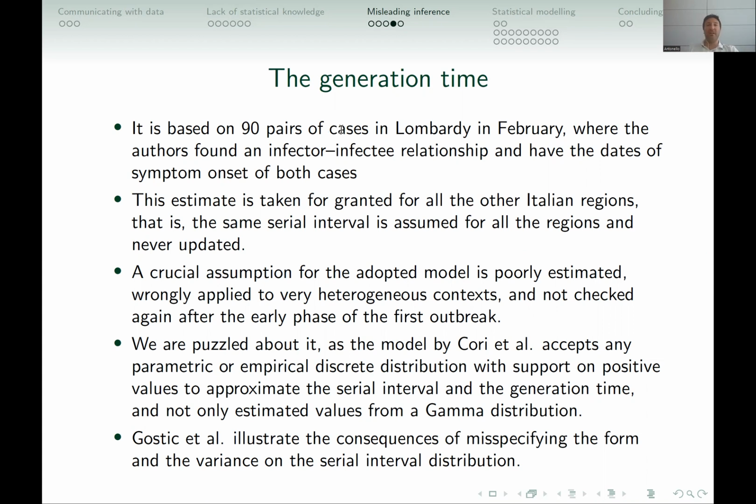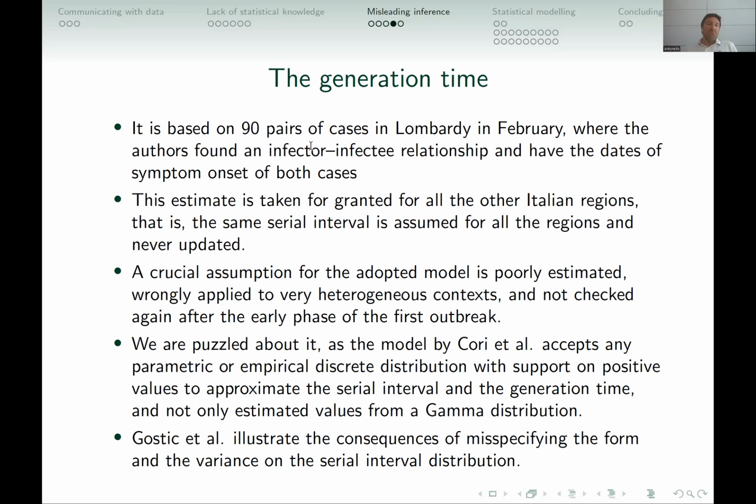The generation time in Italy still refers to 90 pairs of cases observed in Lombardy in February 2020, so at the beginning of the epidemic. This estimate was taken for granted for all Italian regions, large regions, rural regions.